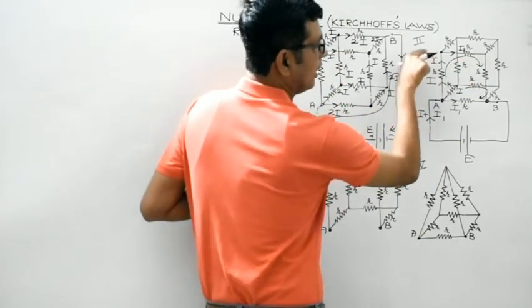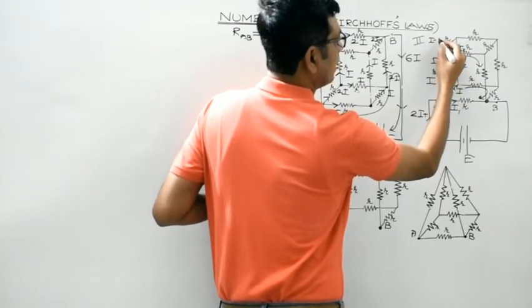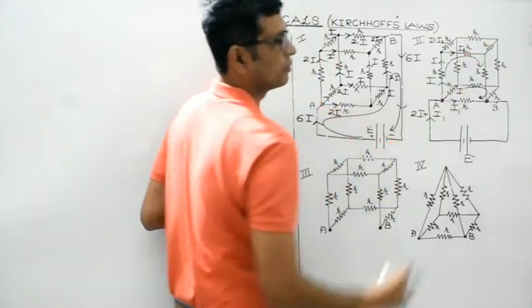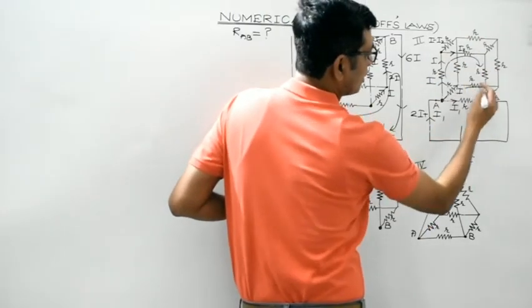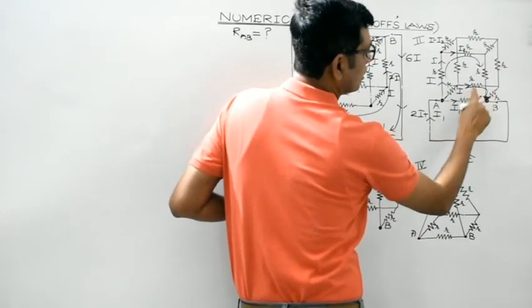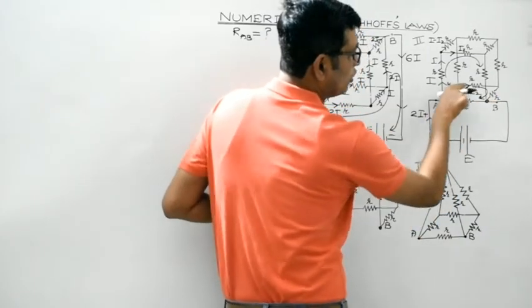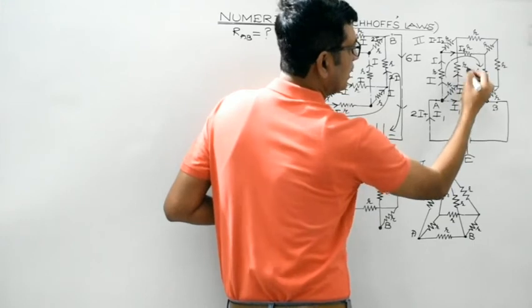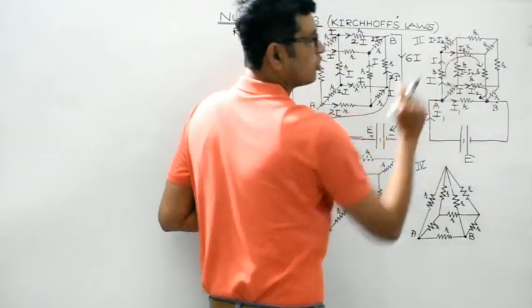Out of I, I2 flows through this branch, so the remaining current, that is I minus I2, will flow through this branch, isn't it? Now this part is symmetrical to this part. So along this branch, the current flowing must be I2, and the remaining current, I minus I2, must flow along this branch.